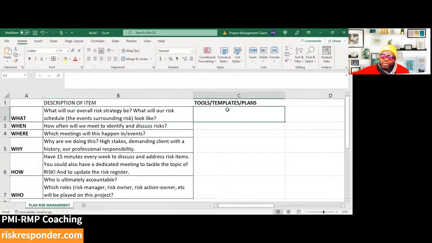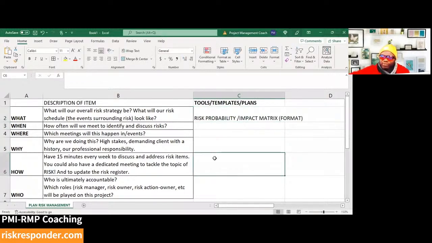So when you talk about the what, you need to craft things like the risk probability and impact matrix. You need to come out with a format for that, right? Part of the how, you're going to have a risk register.